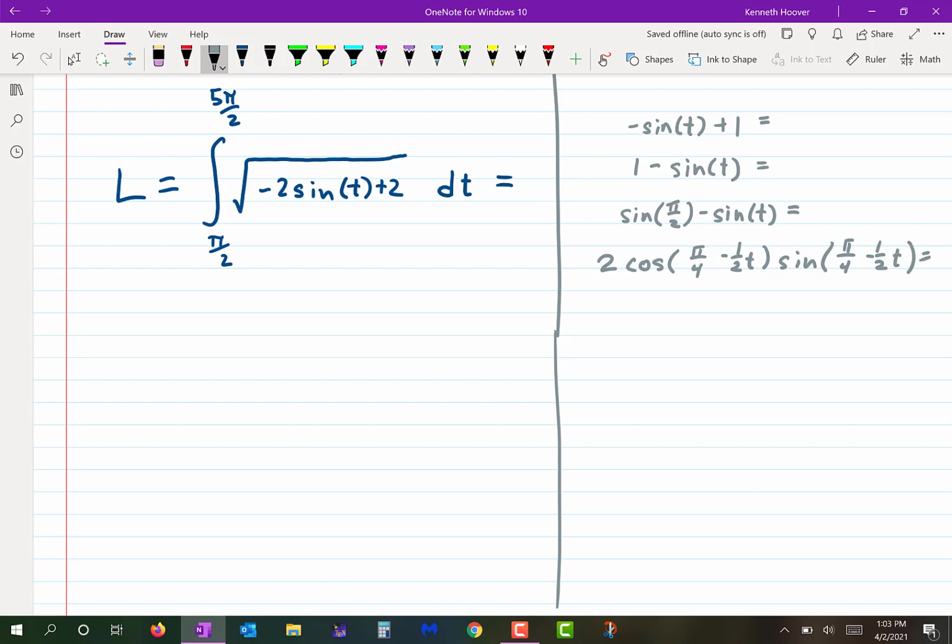One other trick I'm going to do is use what's called the cofunction identity. By the way, I made a small mistake. That minus in the cosine was supposed to be a plus. There we go, fixed that. That cosine of pi over 4 plus 1/2 t is the same thing as sine of pi over 4 minus 1/2 t. That's using the cofunction identity.